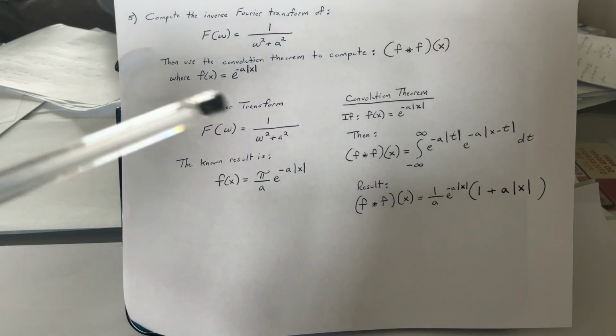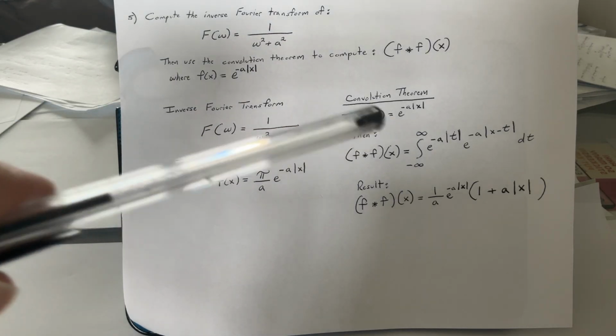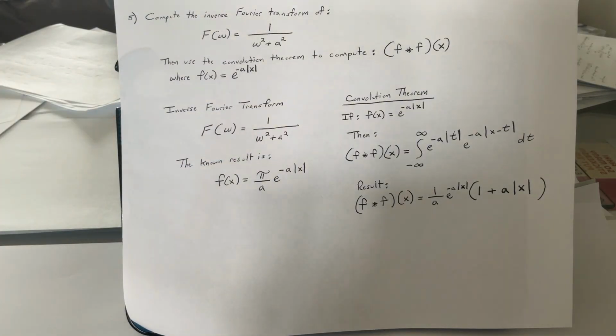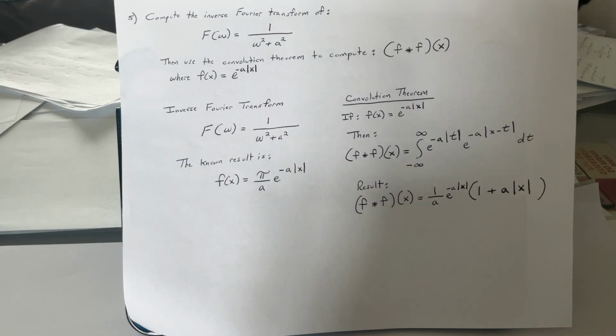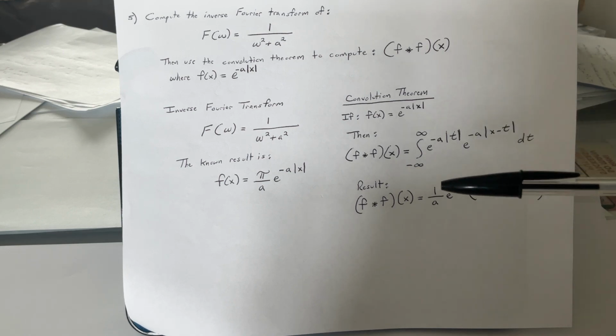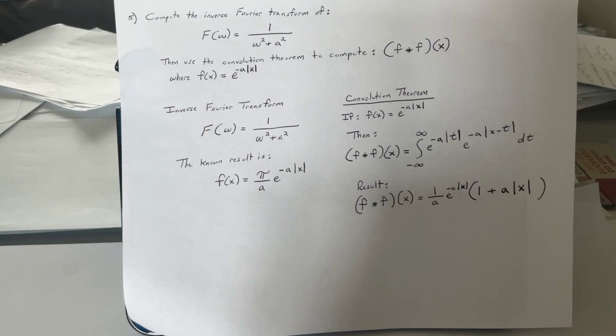Now, by the convolution theorem, what we could say is if f of x equals this function, e to the negative a times the absolute value of x, then what we can do here, we have the bringing together of f and f of x, f asterisk f of x, that's going to equal the integral from negative infinity to infinity of e to the negative a absolute value of t, that's multiplied by e to the negative a absolute value of x minus t dt.